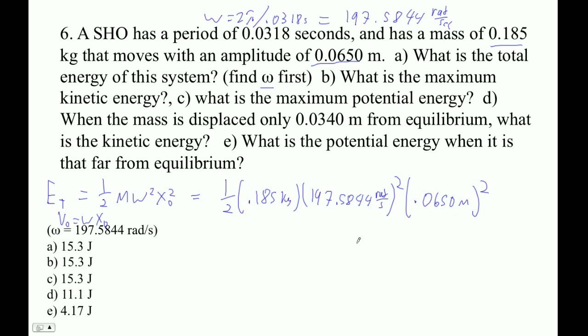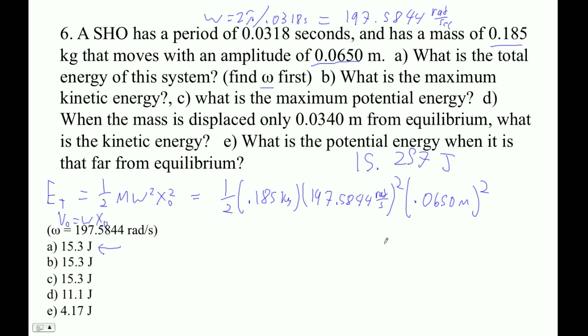So I'm going to go 0.5 times 0.185 times W, which is our 197.5844 unrounded, squared, times 0.065 squared. And the answer is 15.257 joules, which would be 15.3 joules.